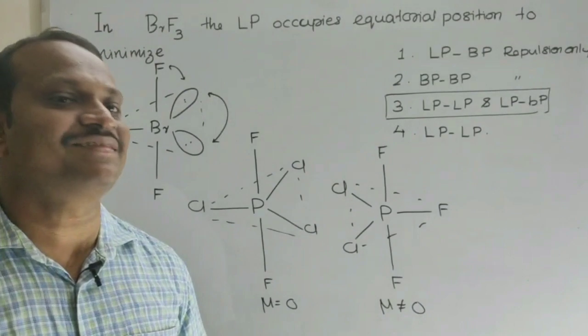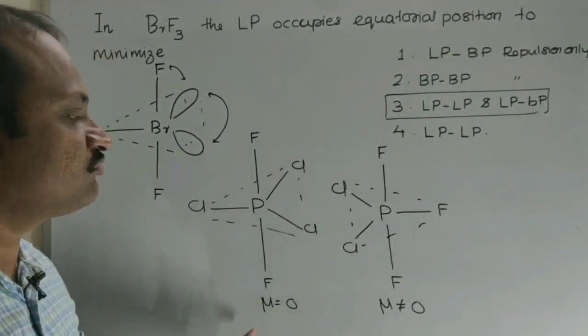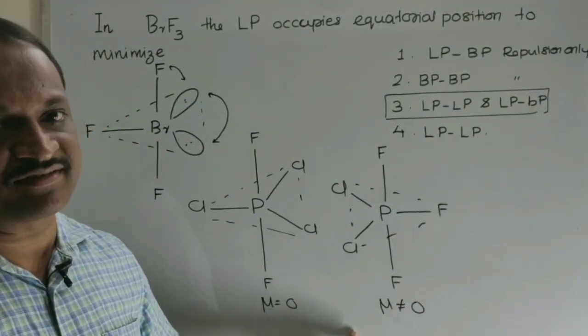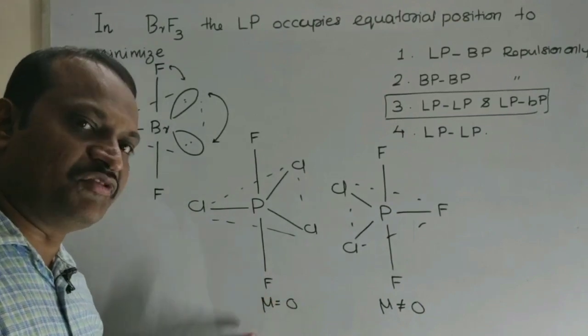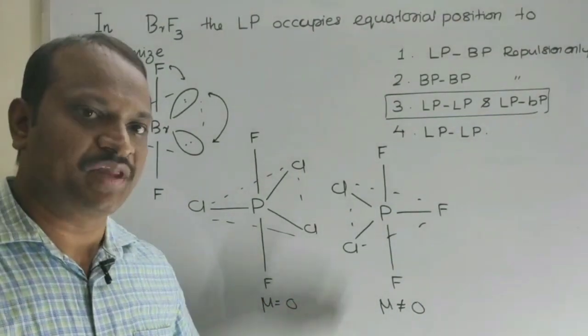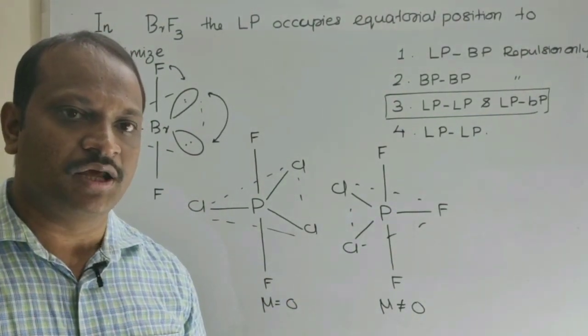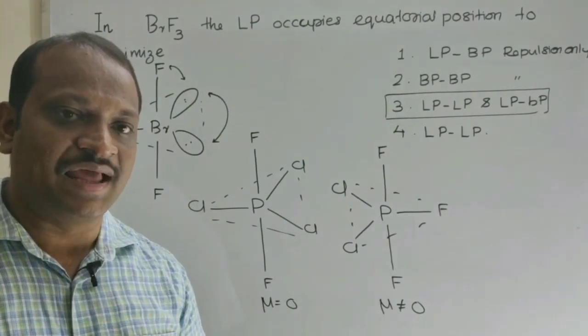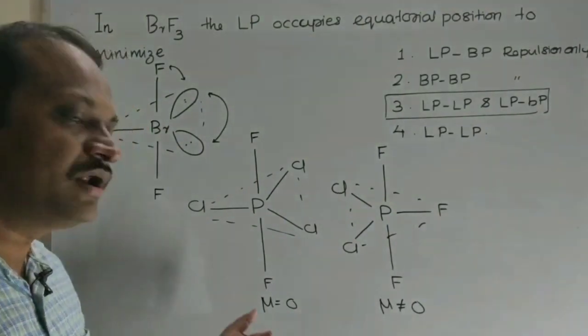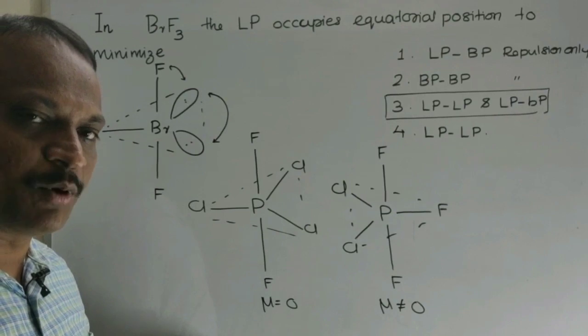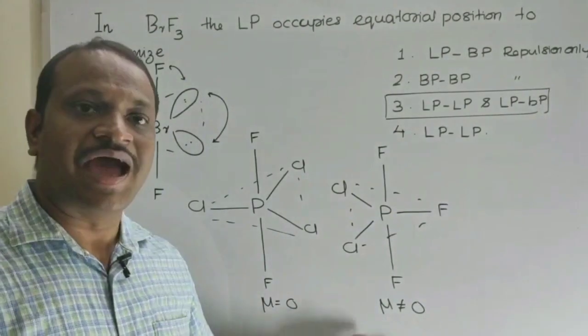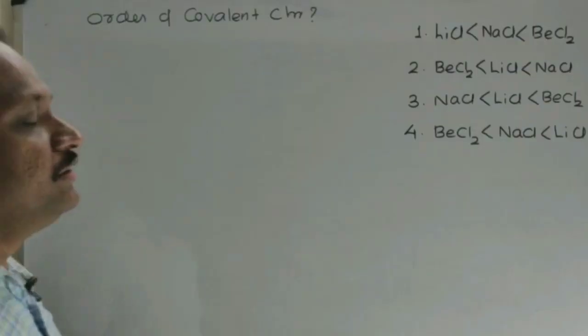In order to mention that point only, I have drawn these two structures. So whenever you are drawing PCl3F2 and PF3Cl2, the most electronegative fluorine must be kept in the axial position. In that way, if you arrange, you can see that the first compound does not have any dipole moment, but the second compound has some dipole moment.